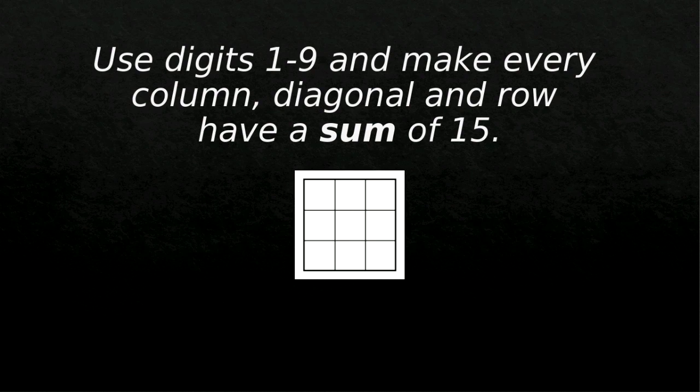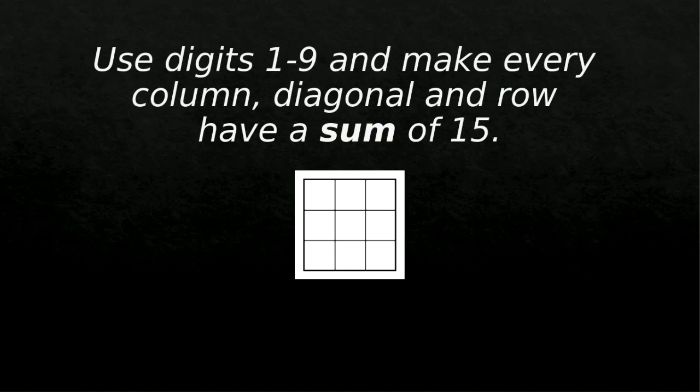Up and down. Each column equals 15. A sum. What does the word sum mean? Sum means add. So we want each column, when you add it, you will get the sum of 15.